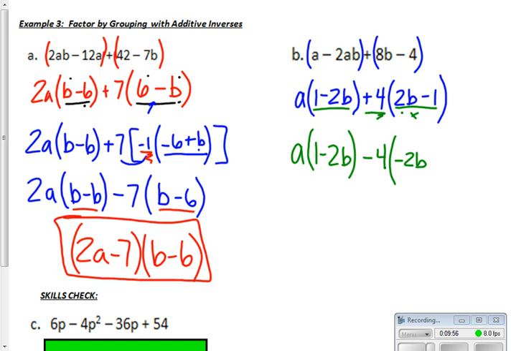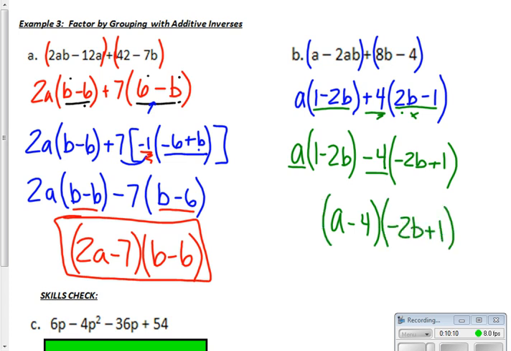Because this was a positive 2b plus 1. So now I have my answer as a minus 4 and negative 2b plus 1. Notice that these would be identical here. You have a negative 2b, a negative 2b, positive 1, positive 1. So they would be identical.